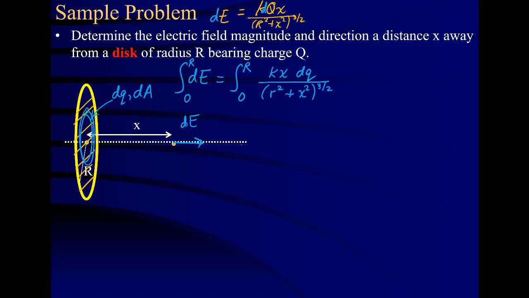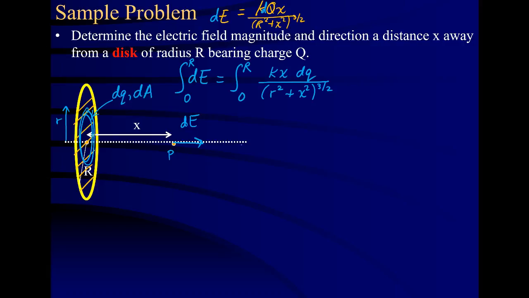Now in this case, little r is how far out we're going in the disk. Okay, it's not the distance from a point on the disk to point P like earlier, it's actually the radial distance along the radius of the disk.